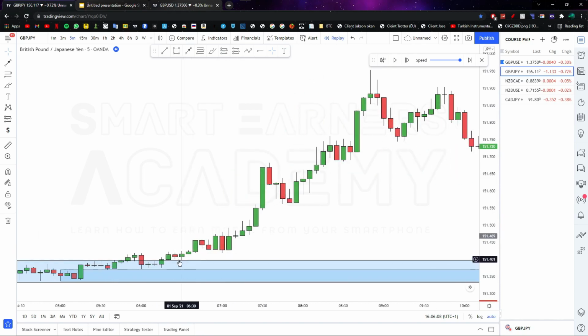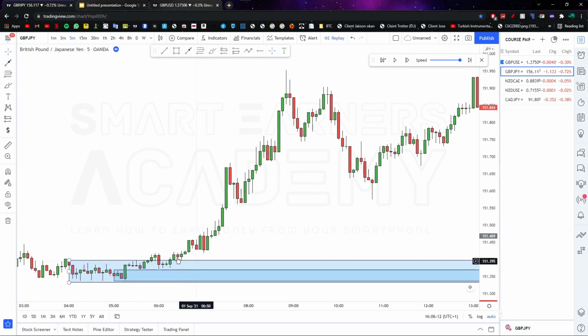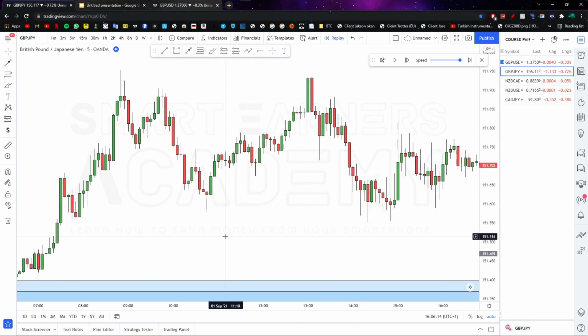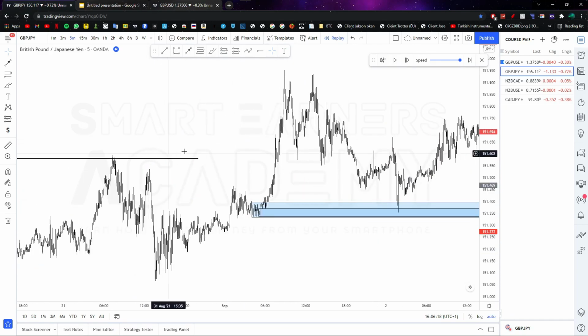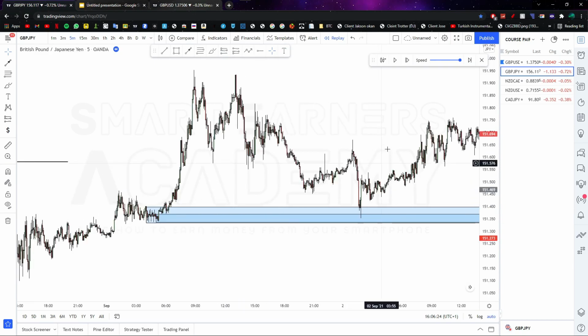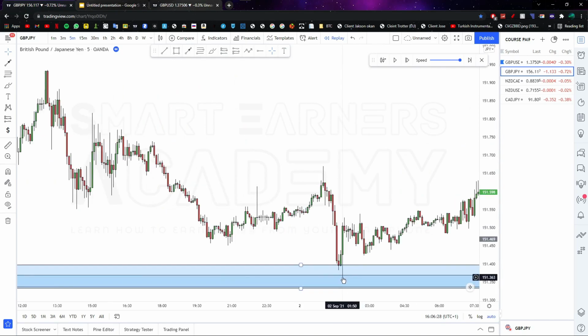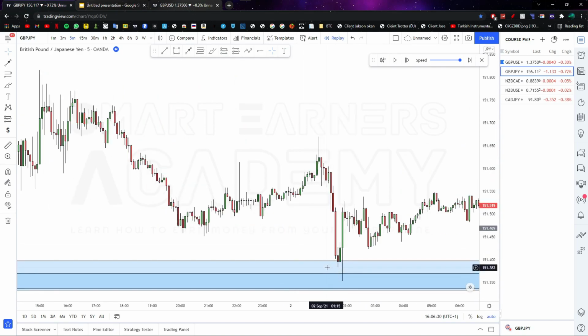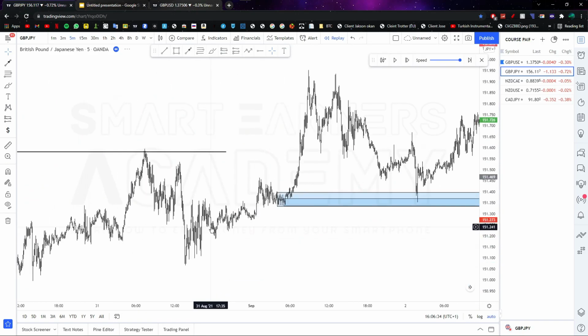You could say this was a tap back into it, but it doesn't actually mitigate the order block fully. So that is number 3 followed as well. It's not clearly mitigated. It hasn't shown us a mitigation like this, for example. So this would have been your entry, right? It hasn't shown us anything like this. So this order block is not mitigated.